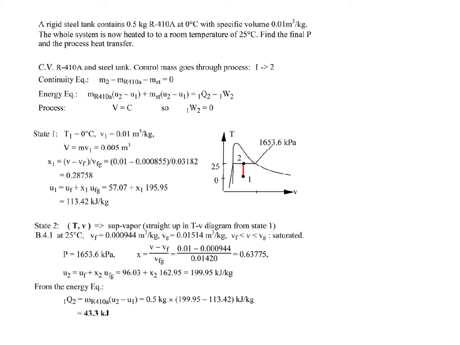We will find that this volume is less than Vg at 0 degree centigrade and greater than Vf. Now we have a confirmation that the system at the present state is saturated, and we will find the value of x. Why will we find the value of x? Because we will use it to find the internal energy at the present state, and this is done in these two steps.